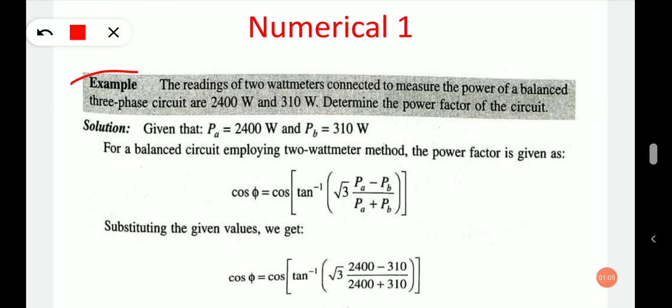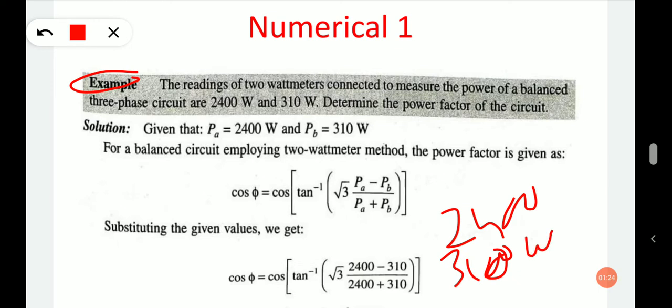Example: the readings of 2 wattmeters connected to measure the power of a balanced three-phase circuit are 2400 and 310 watt. Determine the power factor of the circuit.